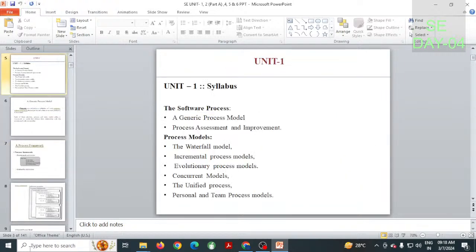And in process models, we will learn about the waterfall model, and elaborately we are going to discuss the incremental process models, evolutionary process models, concurrent models, and unified process, and how the process models are related to the personal and team point of view.